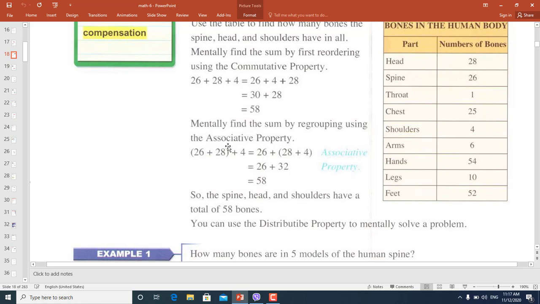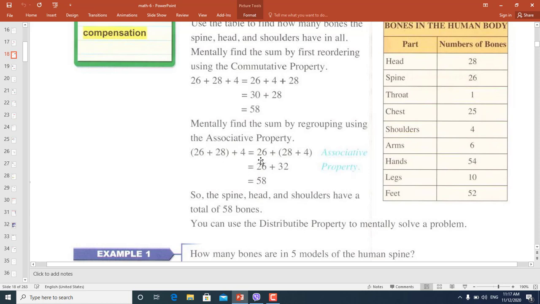Okay, we have another property, the associative property. Look there, we have parentheses in associative. Parentheses mean grouping. So we have 26 plus 28 in parentheses. Inside the parentheses we make another two numbers, which will be easier for us.